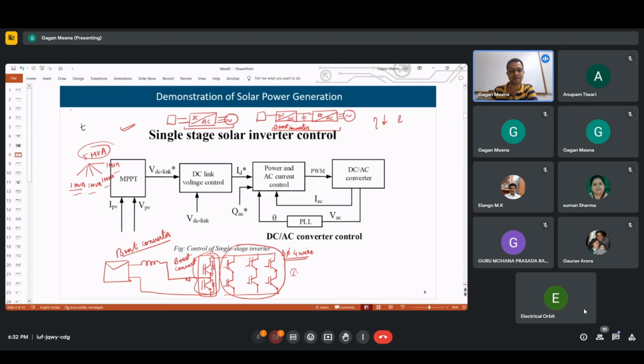Yes, sir. More hosting capacity for distribution network means we can have more renewables. We can install more renewables, and we can charge the vehicles when solar is at peak.